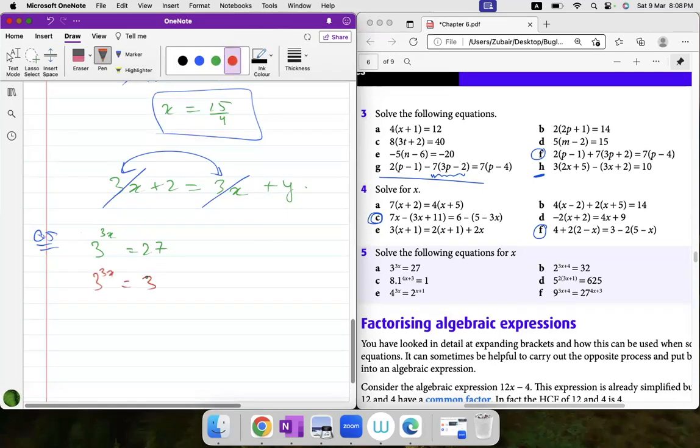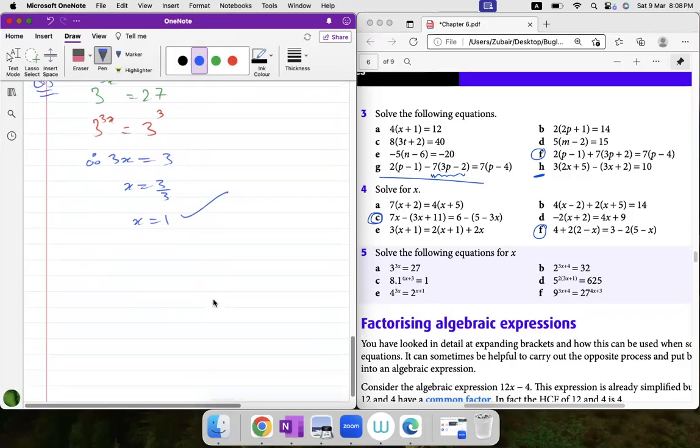On the other side, we'll write 3 raised to power 3. Now we are comparing the powers. Therefore, 3x is equals to 3 by comparison. And x is equals to 1. Correct.